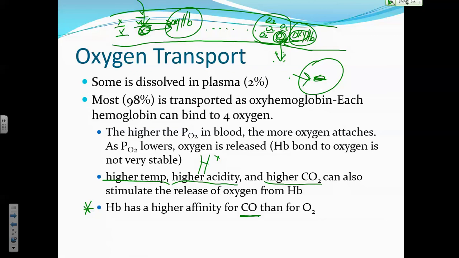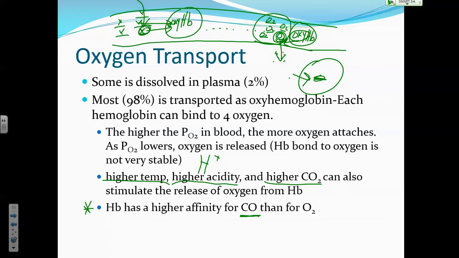So at a hospital, how do they treat carbon monoxide poisoning? Do you know? They put them on 100% oxygen, right? To try to flush it off. Some people with pulmonary issues have to carry around a little tank of oxygen with them all the time. That is usually not pure oxygen; it's like air, a mixture of gases.